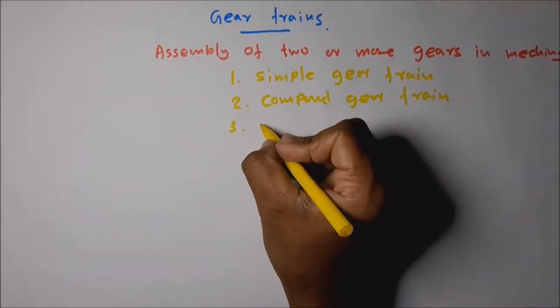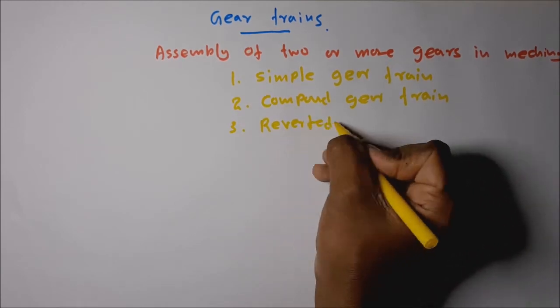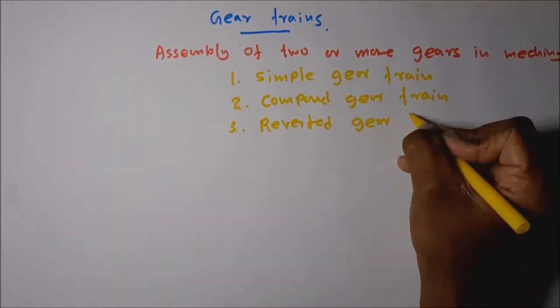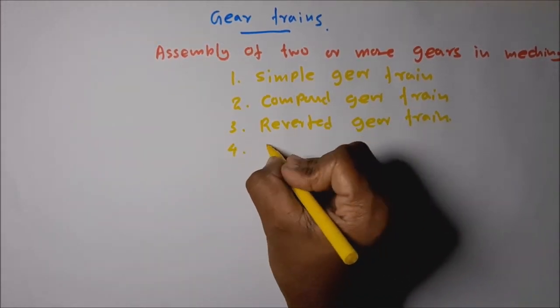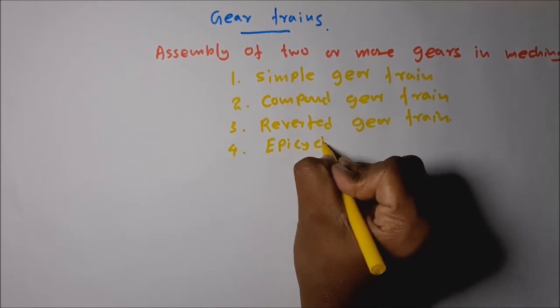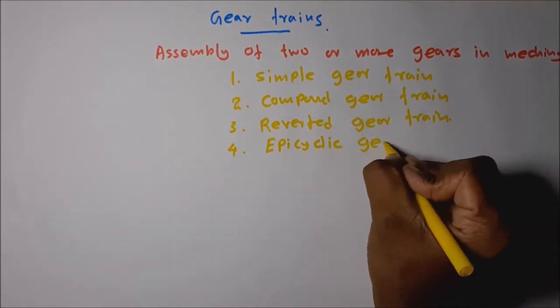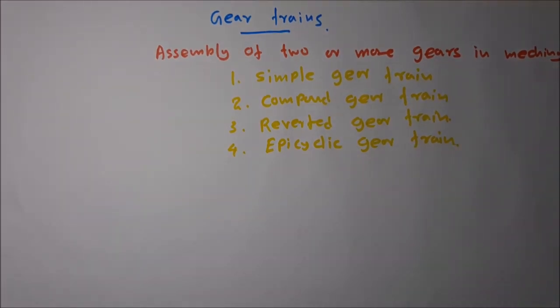The third type, reverted gear train. The fourth type, epicyclic gear train. These are the four types of gear train available.